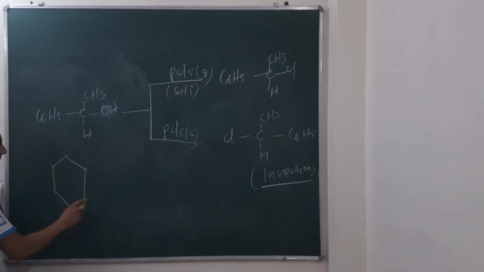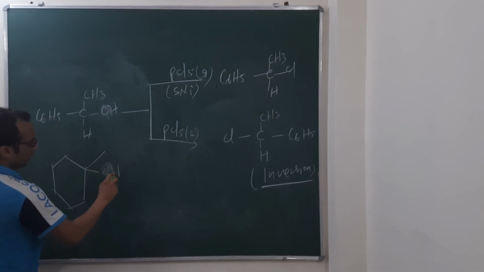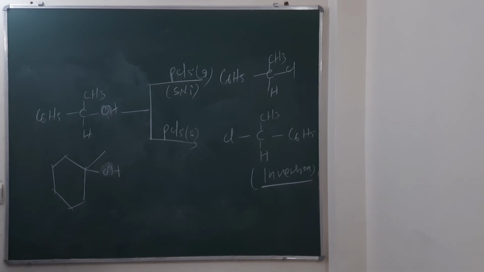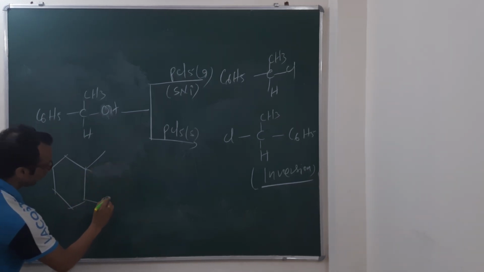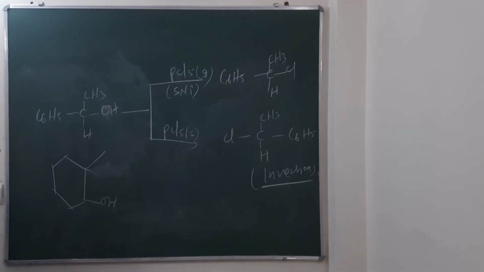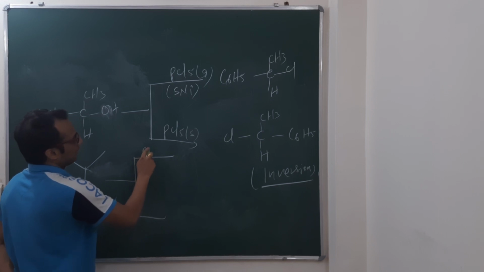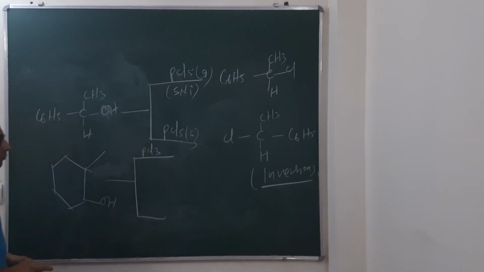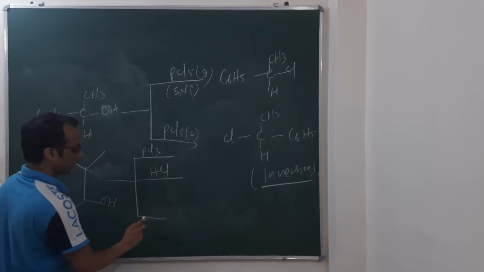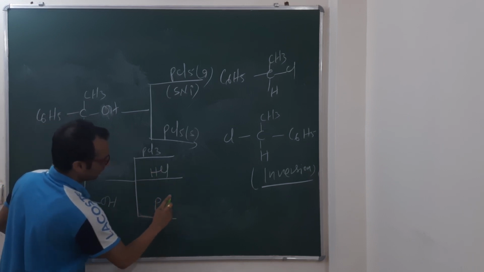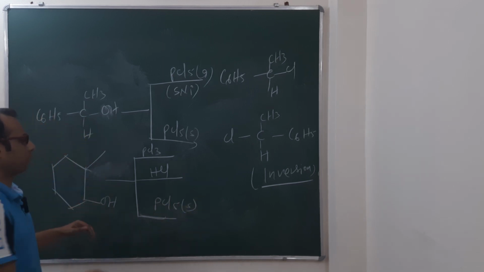I have taken here an alcohol, the OH group. Now I have taken here, one is PCl3. Second I have taken HCl. Third I have taken PCl5, solid or gas, no problem, or PCl3 here.